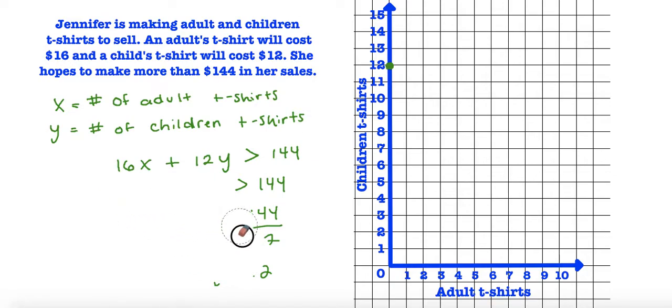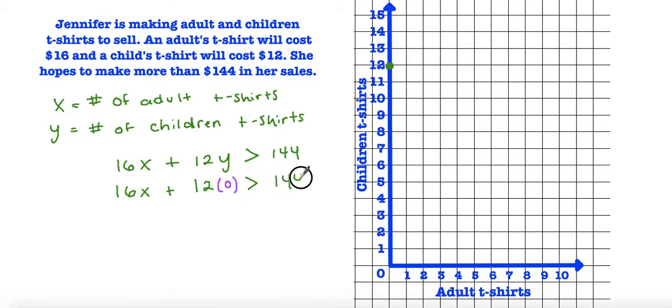And now we're going to do the same thing to get our x-intercept. And we're going to substitute y for 0. So 16x plus 12 times 0 is greater than 144.